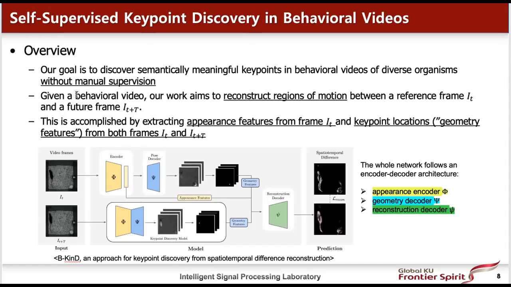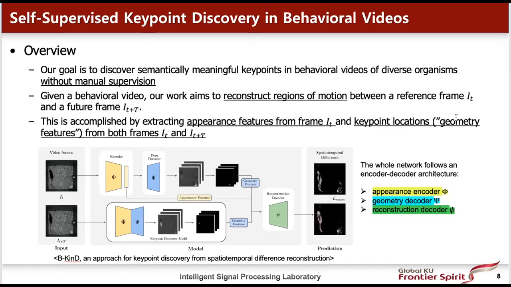And when we give a behavior video to the network, we try to reconstruct the regions of motion between a reference frame, IT, and a future frame. And it is accomplished by extracting appearance features from frame IT and the key point locations.